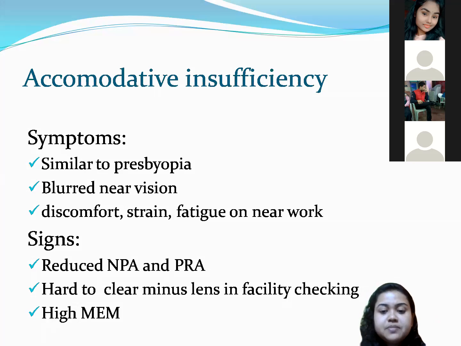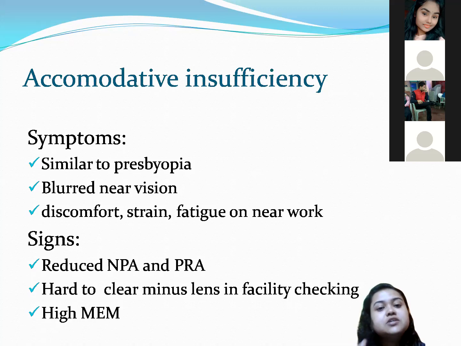In the push-up test, the patient is seeing the near target clear. Now you slowly move the book towards his eyes and tell the patient, tell me when you find those letters to be completely blurred. At one point the patient will tell that it has become blur.